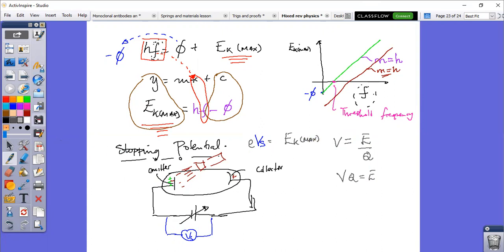And Vs here represents my stopping voltage or potential.